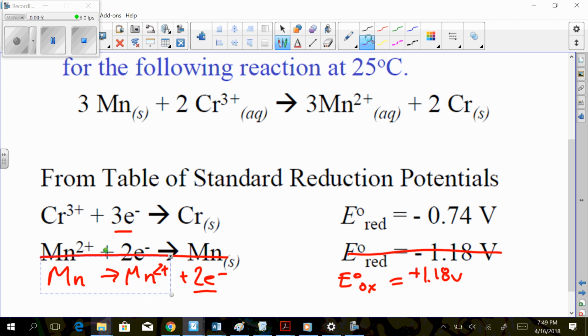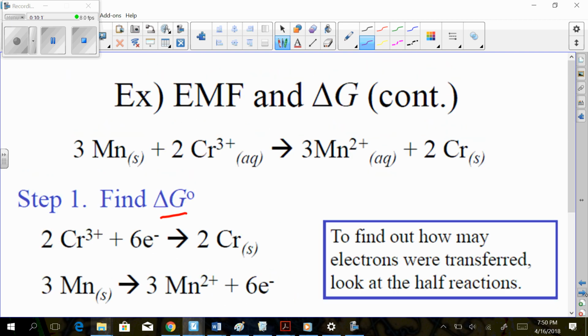To balance that, you would want to multiply this whole reaction by 2, that becomes 6, and this becomes 2. Multiply this by 3, and we get 3, 3, and this 3 times 2 is 6. So we have 6 electrons and 6 electrons that cancel. So it's written a little bit neater for us over here.